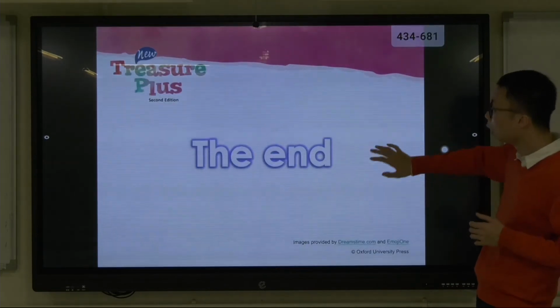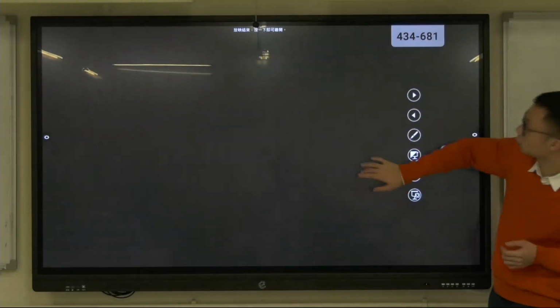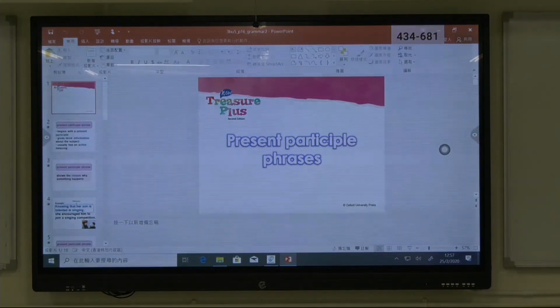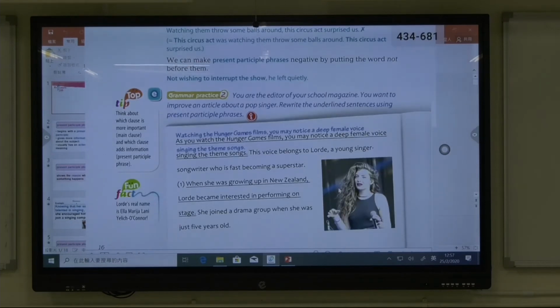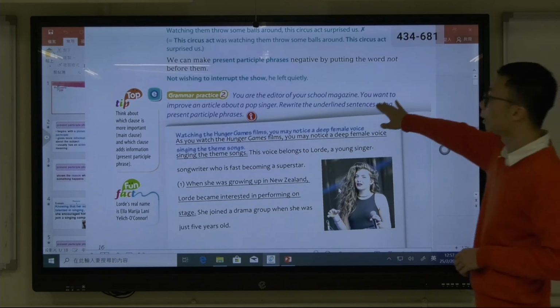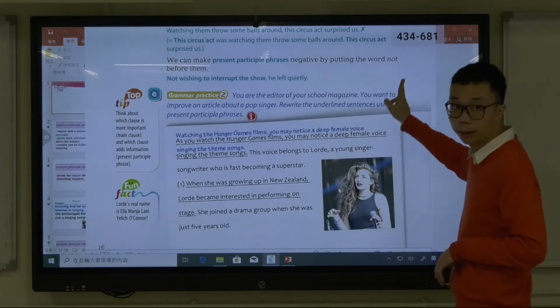I am going to quickly show you today's assignment at the end. So here, this is a part of your today's homework, to do on book page 16. So, grammar practice on this page and the next page.